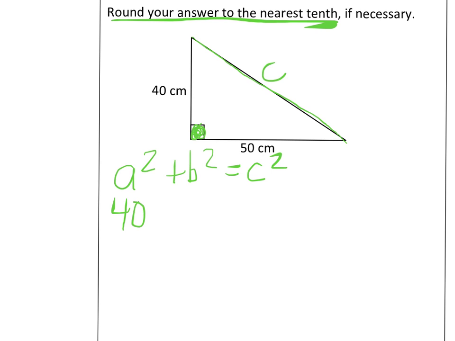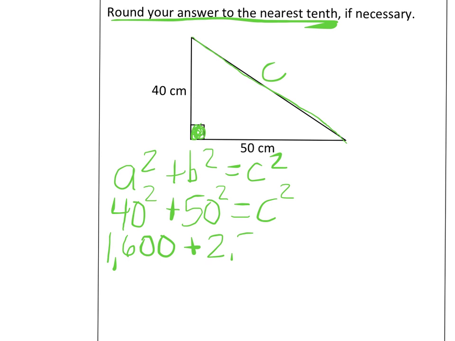So we put 40 squared plus 50 squared, and that should equal c squared. Now, 40 squared is 1,600, 50 squared is 2,500, and that should equal the square on side c.